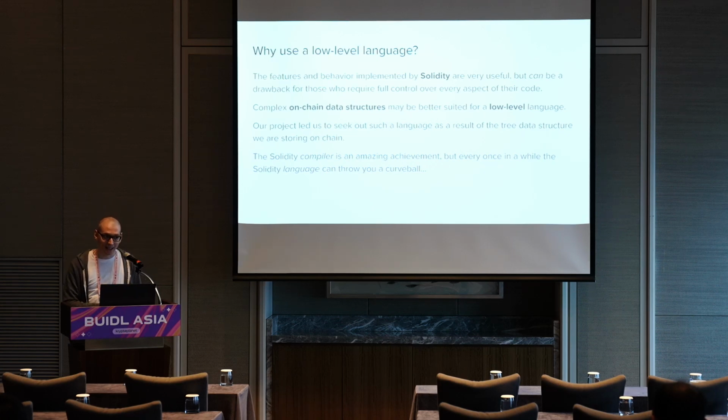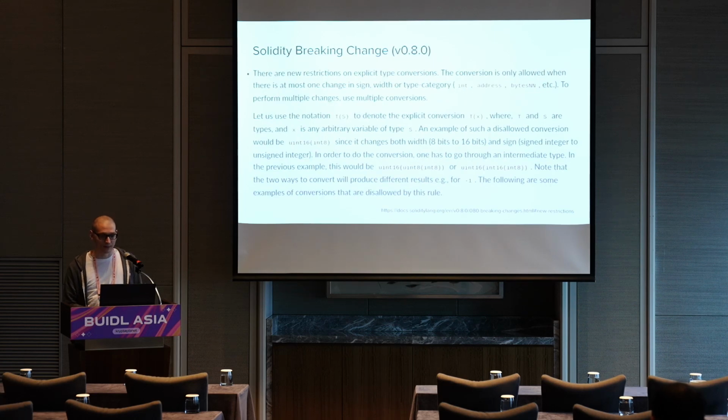But the Solidity language itself can throw you a curveball every once in a while. I would like to show you this as an example. This is an example of a breaking change that went into the Solidity language in 0.8 of the compiler. You can take that as you will, but basically it's redefining a lot of the type semantics of the language.